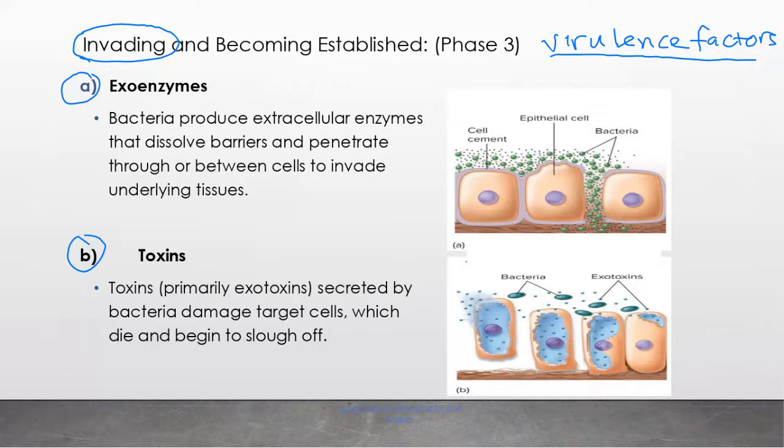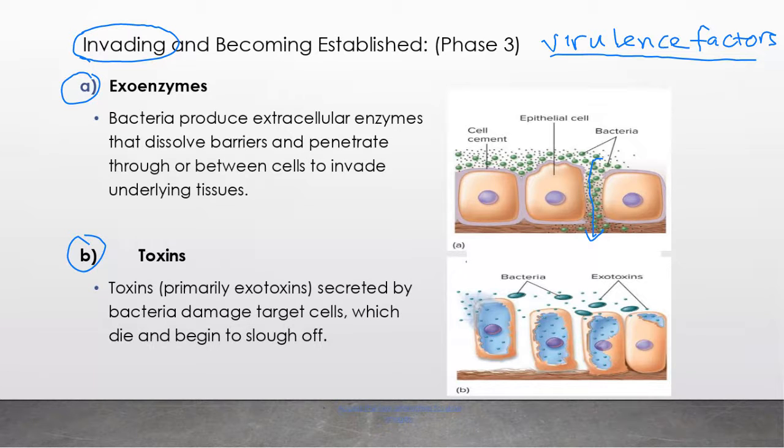Now, what's the difference between enzymes and toxins? The enzymes usually destroy the area between the cells, the interstitial area. They break the junction between the cells, and then when this junction between the cells is broken, the bacteria will be able to enter into the sterile tissue.